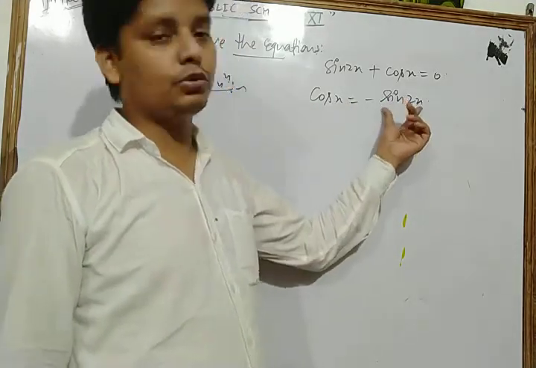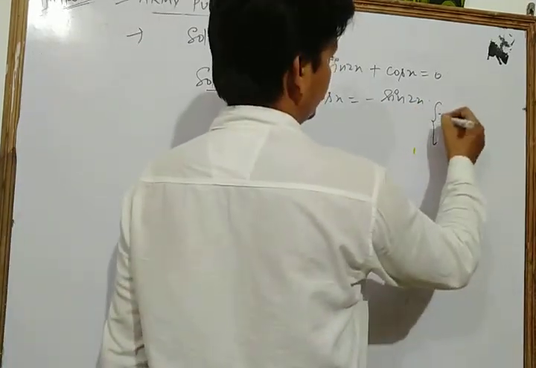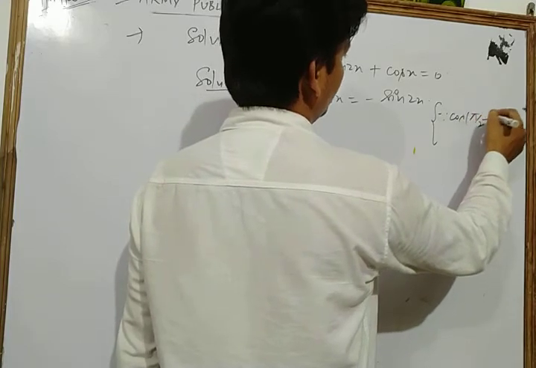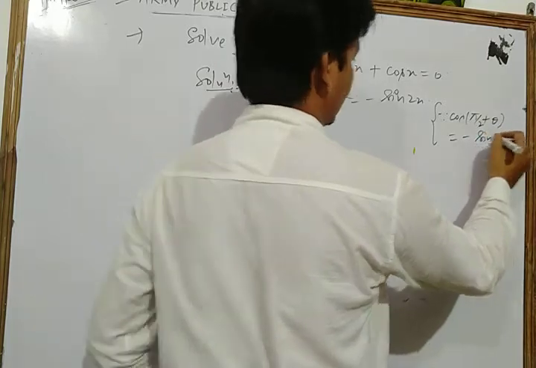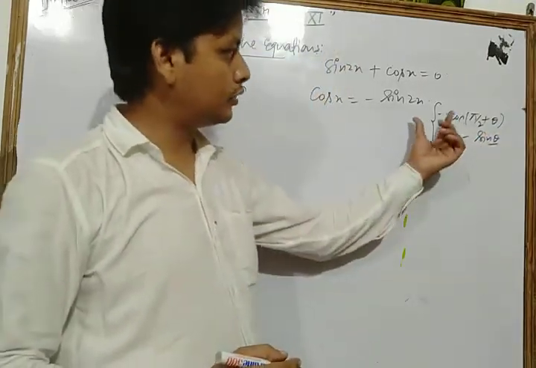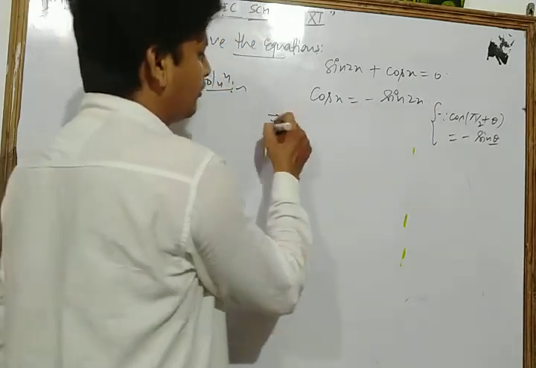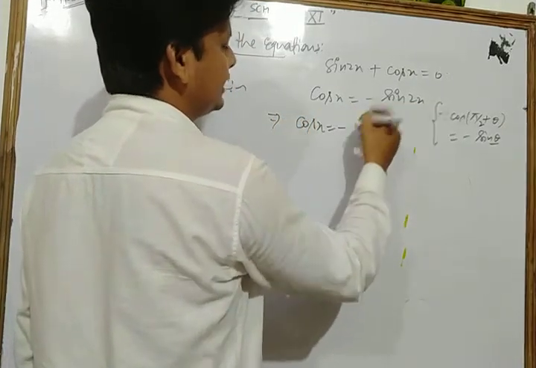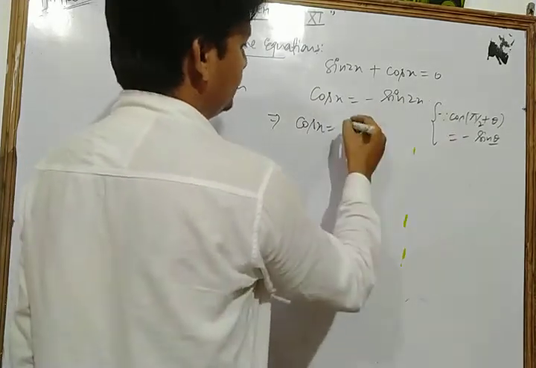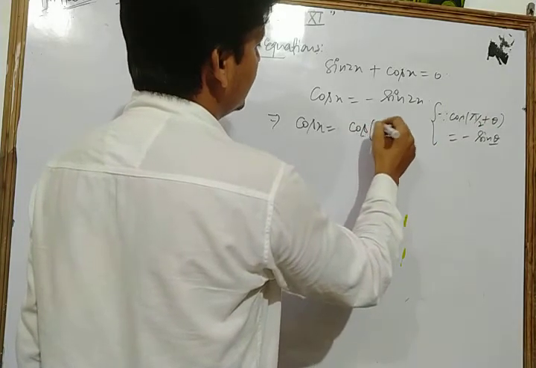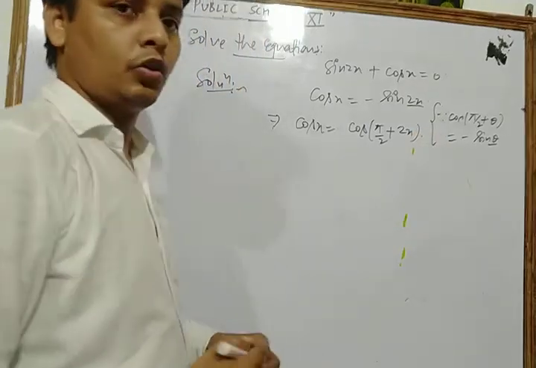First of all we convert sin 2x into cosine, cos theta. Since we know that cos of pi by 2 plus theta is equal to minus sin theta, we write this trigonometric equation in the form cos x is equal to minus sin 2x, replaced by cos of pi by 2 plus 2x.